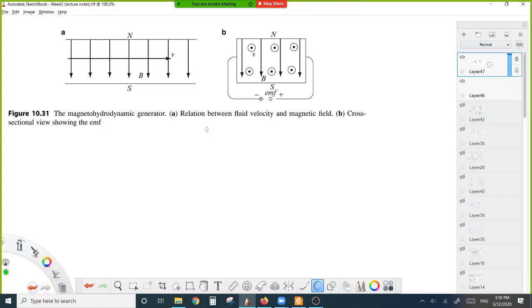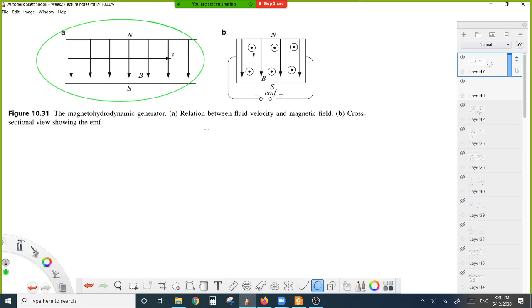In this case, instead of a moving bar, conducting fluids are used, which move between two conducting electrodes, as shown here.